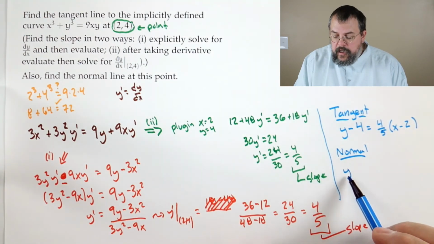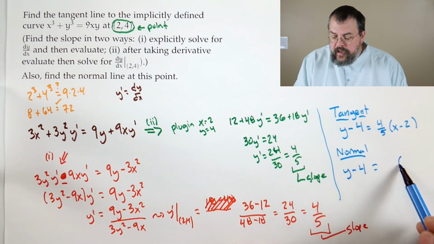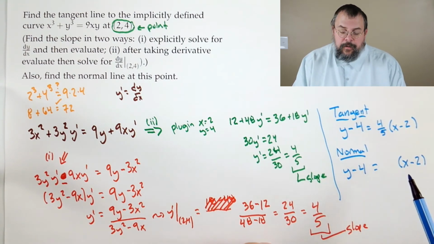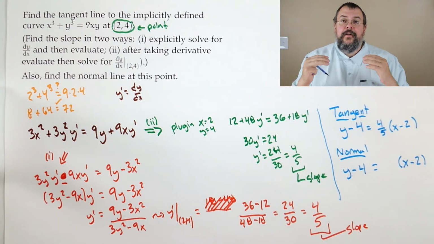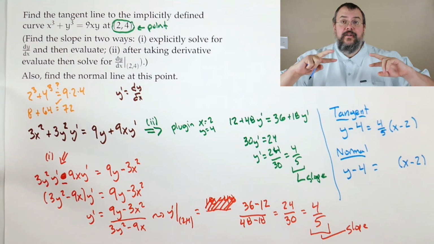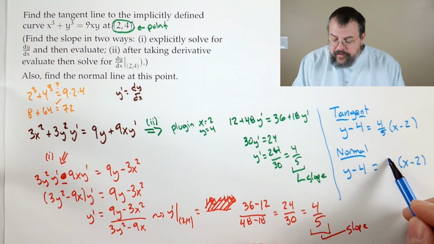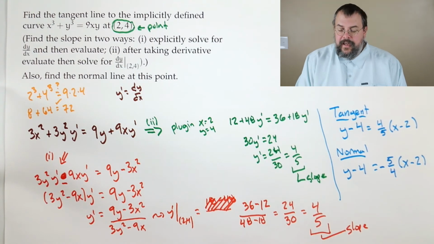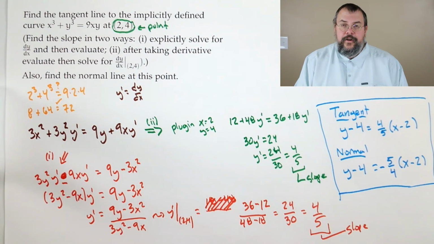So it's still y minus my y value equals something, I'll fill that in in a second, x minus my x value. Now, I have to think about what's the slope. The normal line means perpendicular. It's perpendicular to the tangent line, so I need to do the negative reciprocal. Reciprocal makes it 5/4, and negative means you put a negative in front. And there's our lines, our tangent line and our normal line.